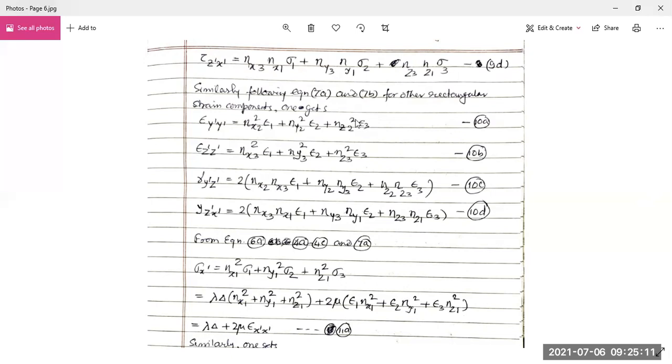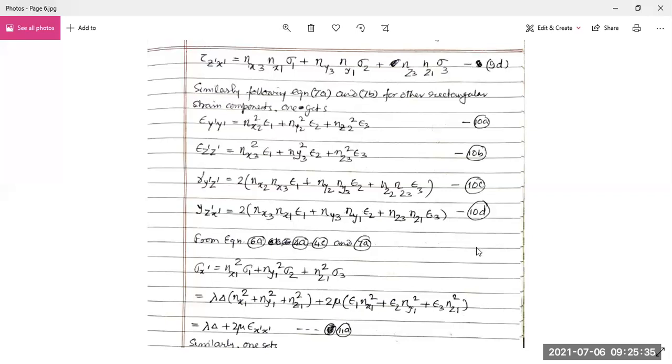And now epsilon zz is given as nx3 square epsilon 1, ny3 square epsilon 2 and nz3 square epsilon 3 itself. And gamma, the shear strain in the yz dash plane, is given by this equation, and gamma, the shear strain in the z dash x dash plane, is given by this particular equation itself.